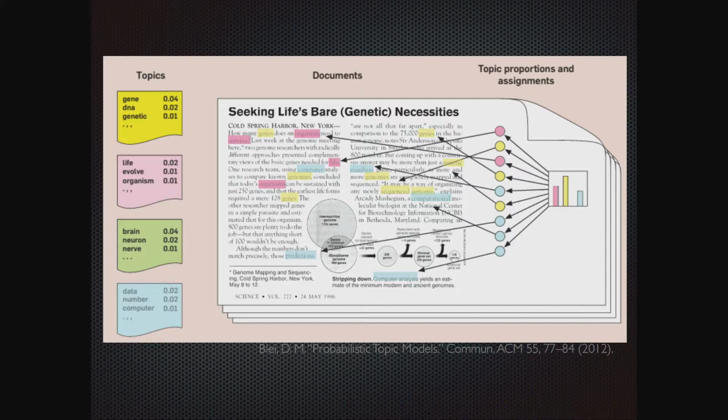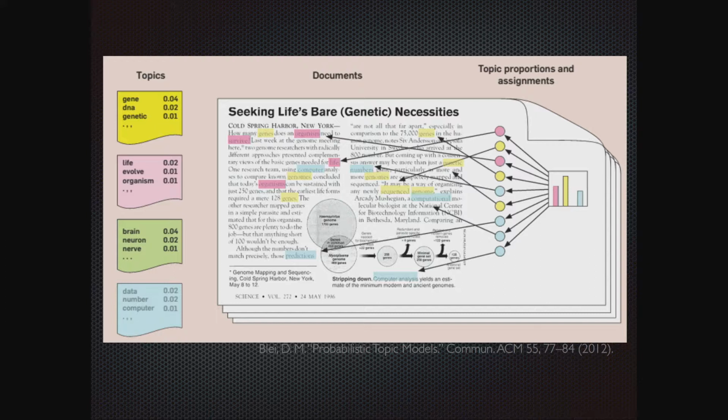So if you had a paper about genetics, you tend to find the words gene, DNA, and genetic in that paper a lot of the time. And if you had a paper about evolution, you tend to find these words occurring at a high frequency. Each of these topics has a collection of associated words that occur with a characteristic distribution in the papers.